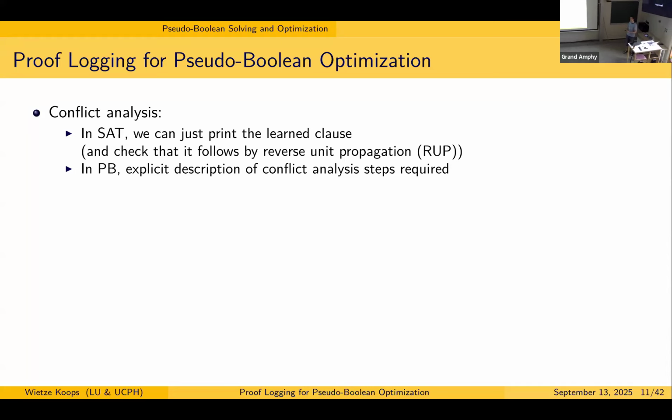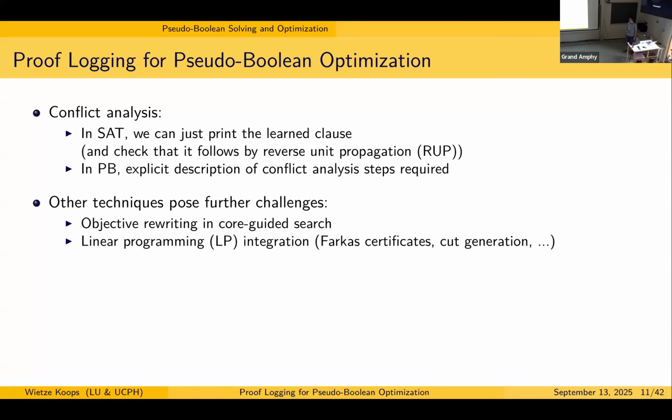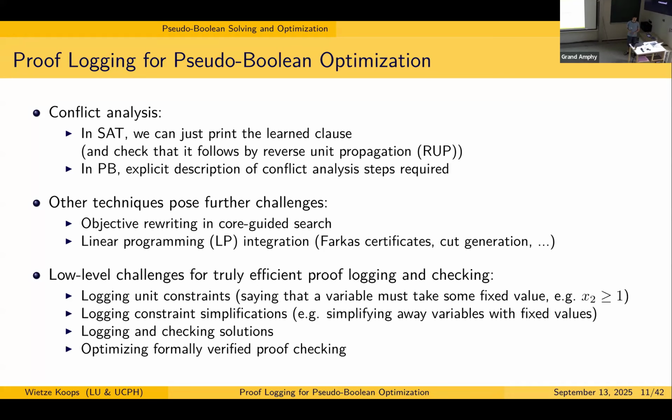So we have to give an explicit description of the conflict analysis steps, like the derivation I showed a few slides ago. Other techniques pose further challenges like objective rewriting in core-guided search and linear programming integration. Specifically, there we will talk about Farkas certificates and about cut generation.